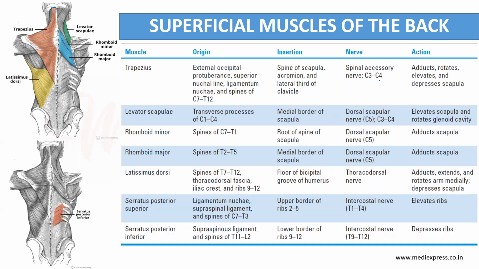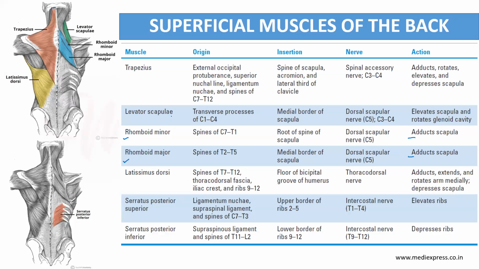And what it does, it adducts, rotates, elevates, and depresses the scapula. That is the action of trapezius. Now, levator scapulae, rhomboid minor and rhomboid major have the same innervation. Rhomboid minor and rhomboid major also have the same action, that is adduction of the scapula.